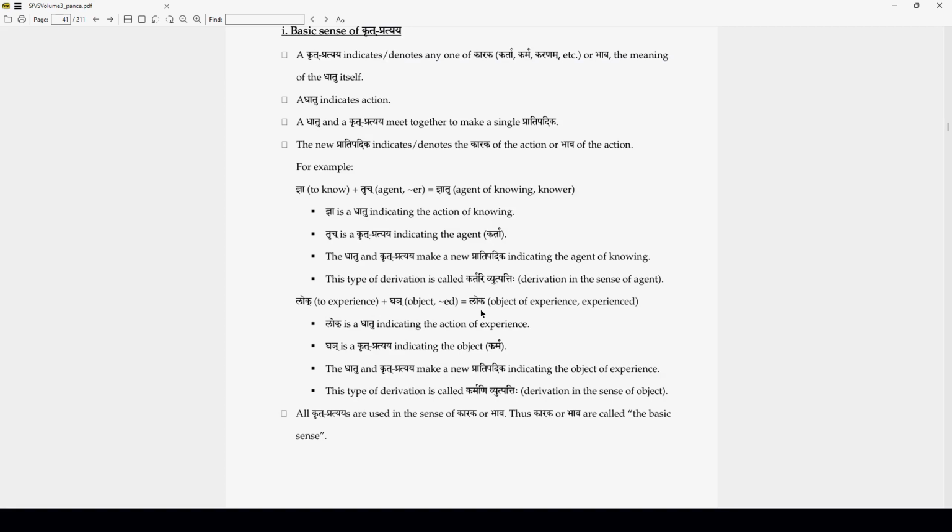It changes to a Kridantam, which is a Pratipadikam here. Loka, from Lokati or Lokate, meaning someone looks. Look plus Ghai changes to Loka. Loka means Bhuloka, Swargaloka, etc. Loka is the word.